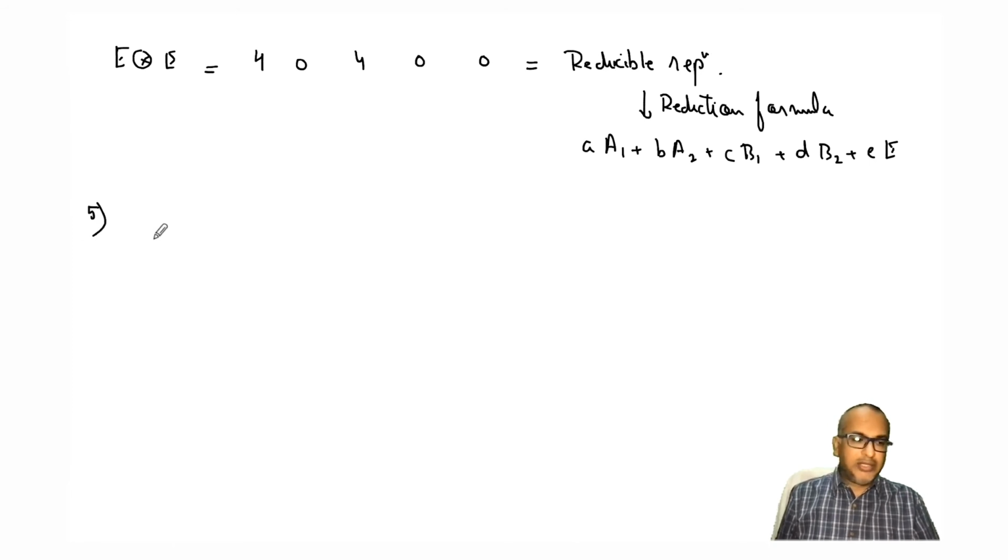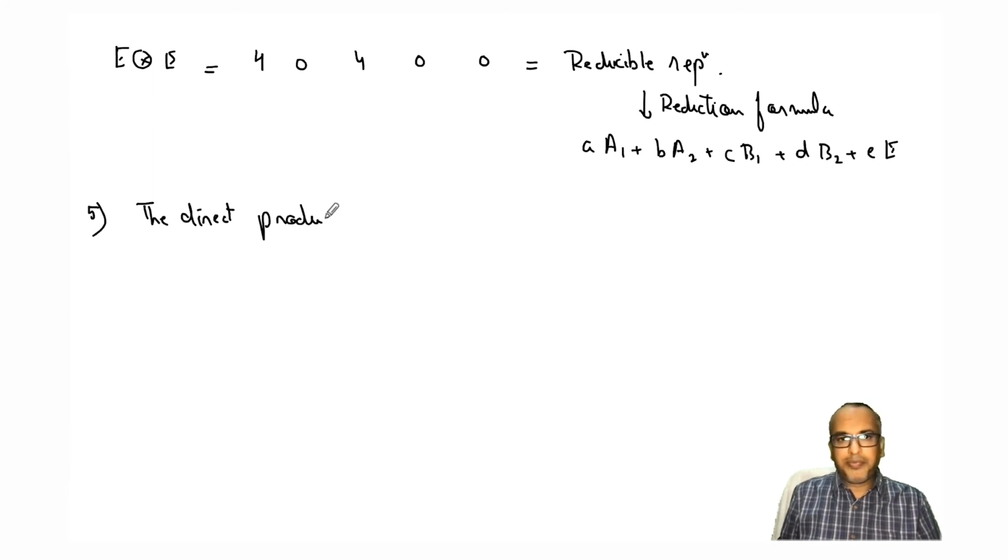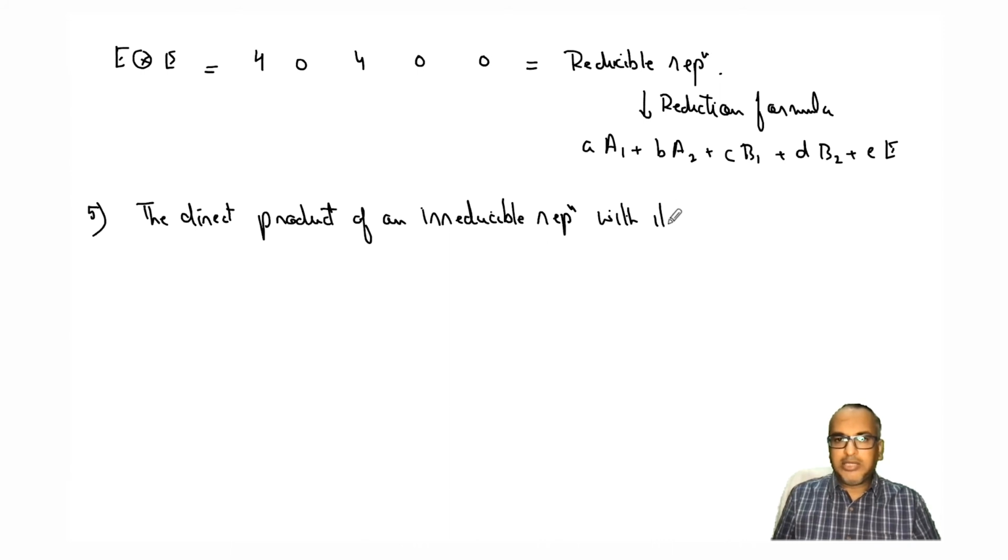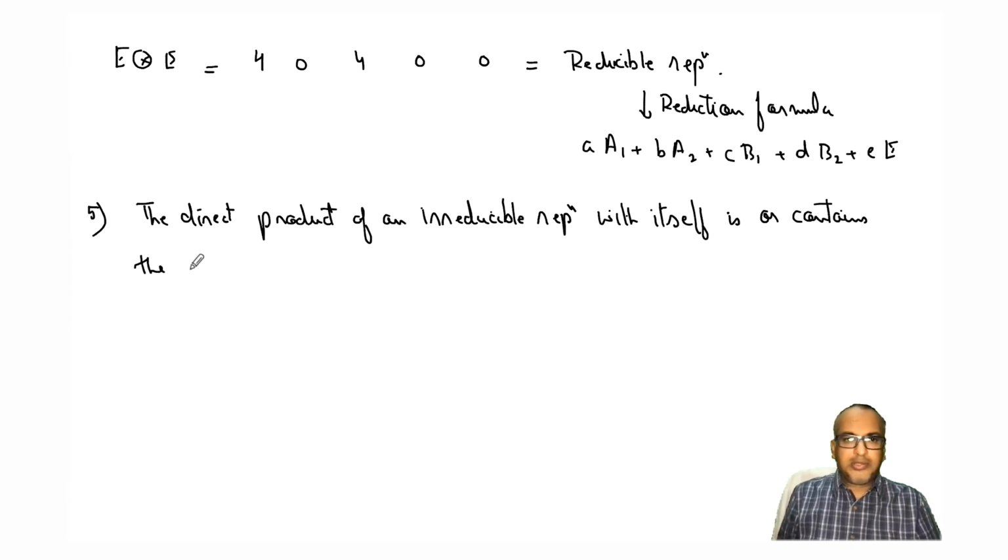And fifth one is the direct product of an irreducible representation with itself is or contains the totally symmetric representation. This rule we have already seen, but I am just listing it out for completeness.